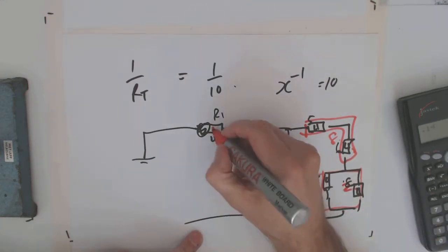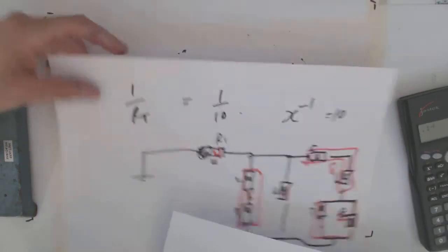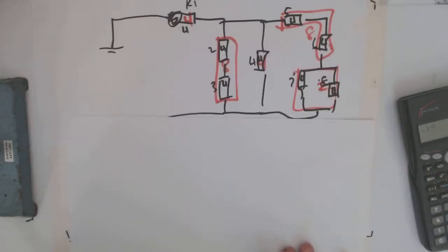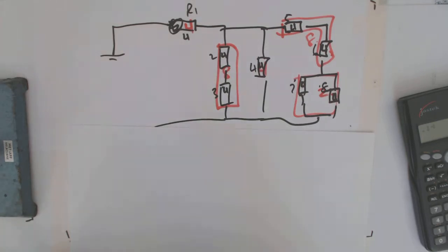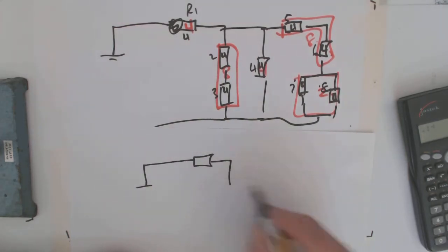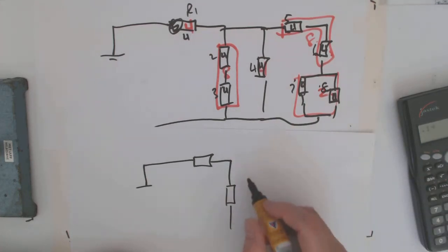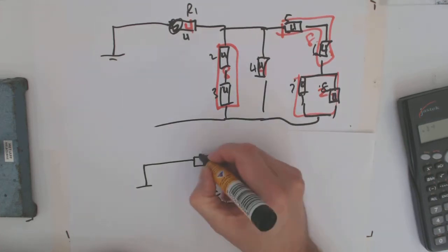We know this one's 4. So I can now redraw that circuit. It's still reasonably complicated, but I think we're making progress. If I redraw that circuit, I've still got my 4 here. Now I've got 8, I combined my 2 resistors there. I've still got my resistor 4 here, so I've got 8, 4.